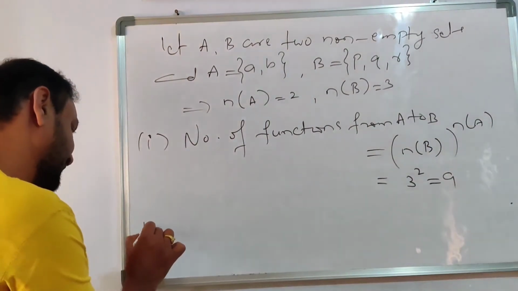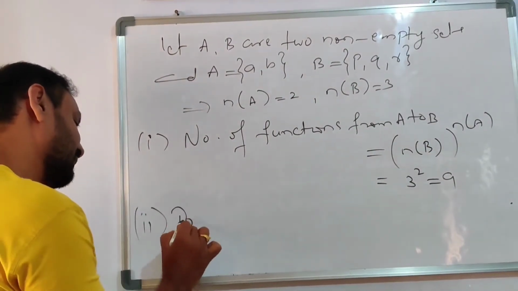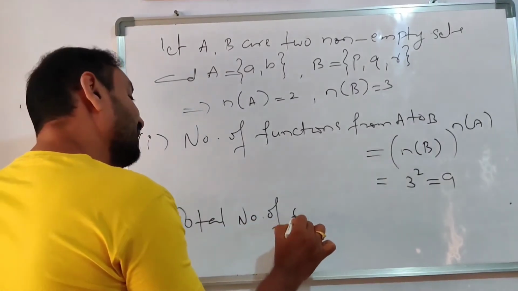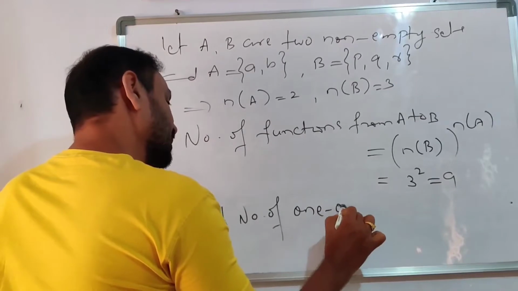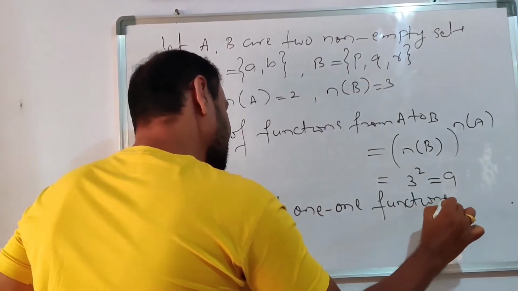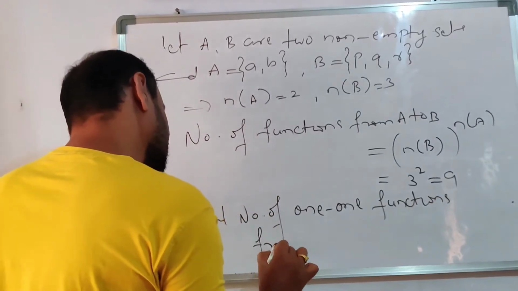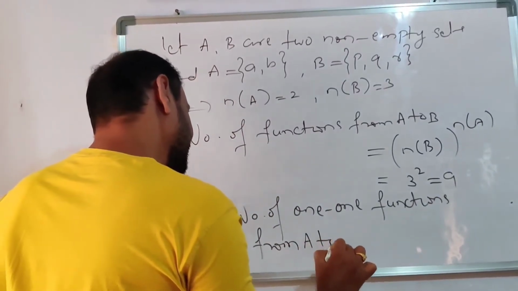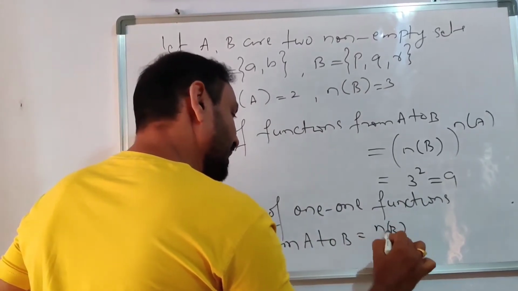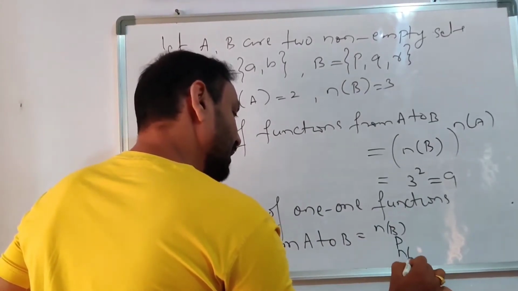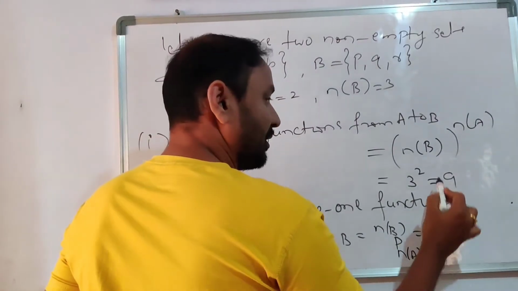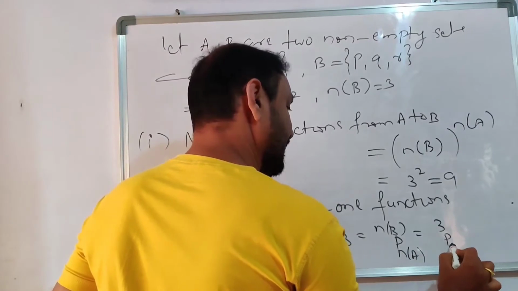Number 2: the total number of one-one functions from A to B. We already know the formula: n(B) P n(A), where P means permutation, that is 3P2.